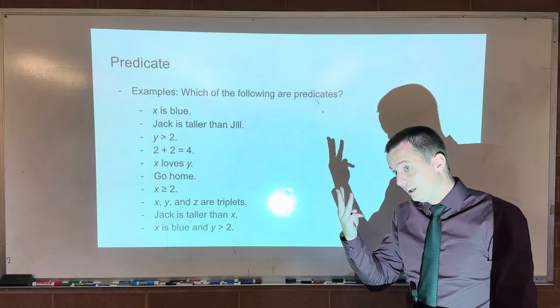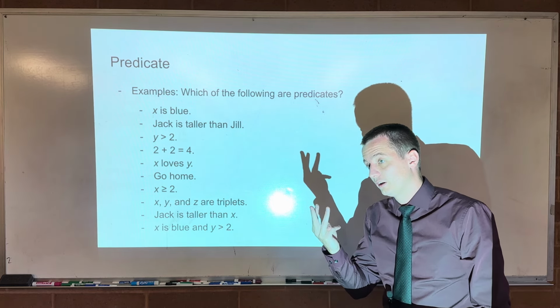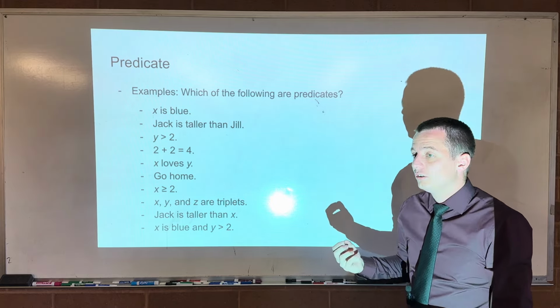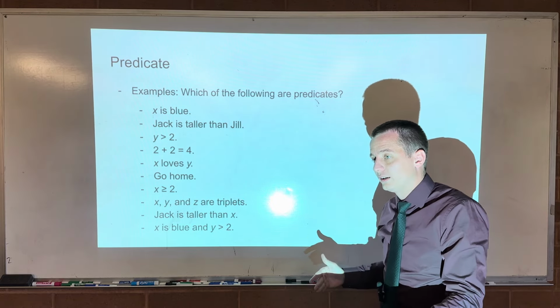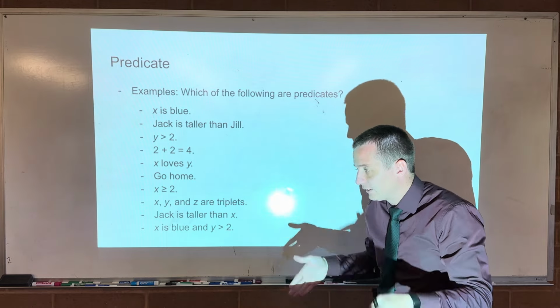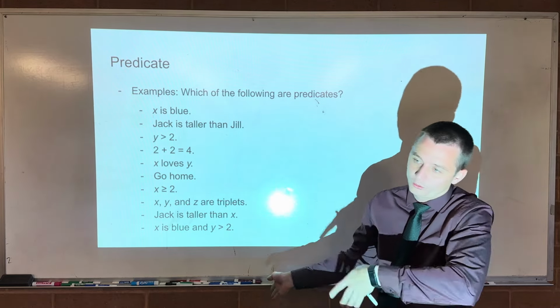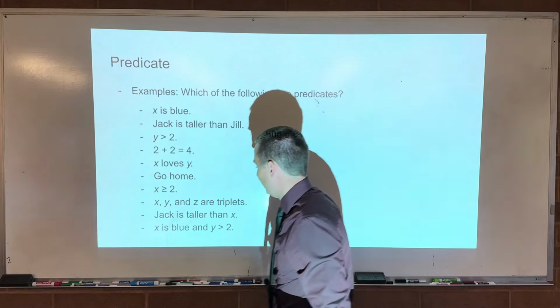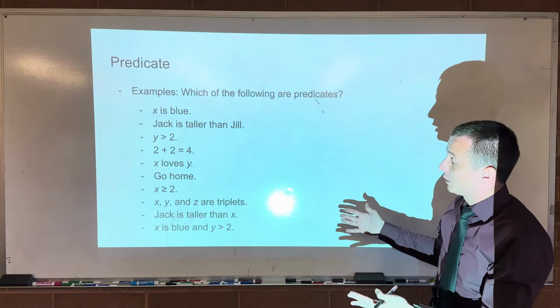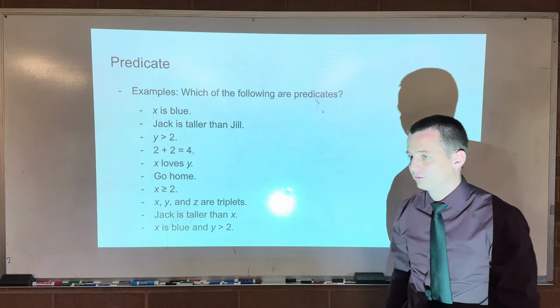No, because it takes 3 terms to determine if it's true or false. So a relation is just a 2-term predicate. If it takes 1 term, it's a 1-term predicate. If it takes 2 terms, we can also call it a relation, or a 2-term predicate. If it takes 3 terms, we call it a 3-term predicate. It's just that we work with relations a ton, so we came up with a special word for it.